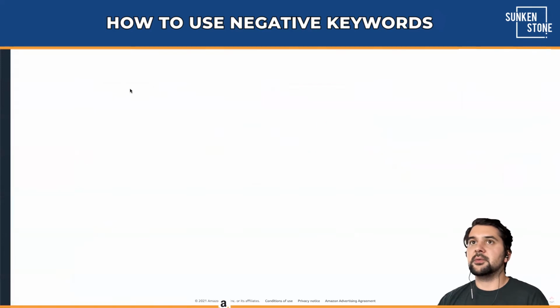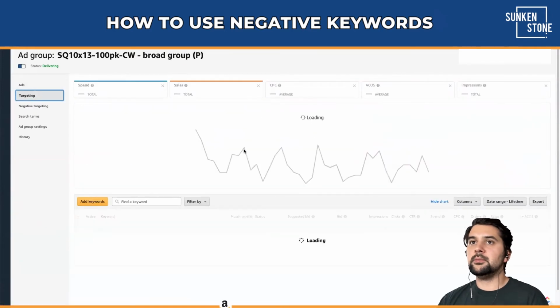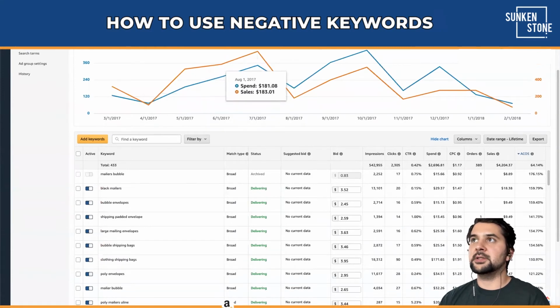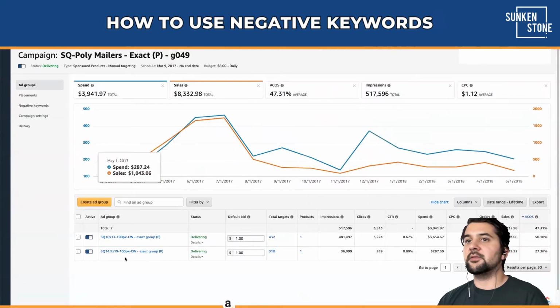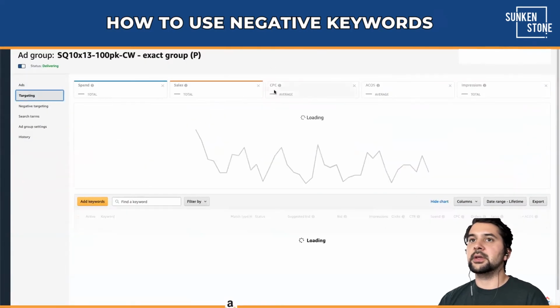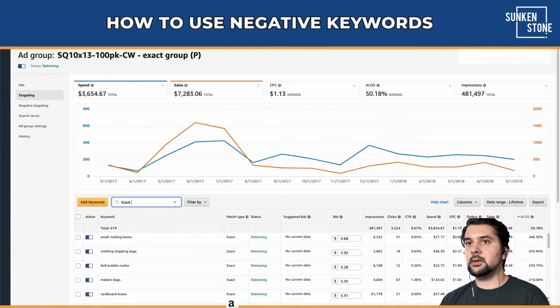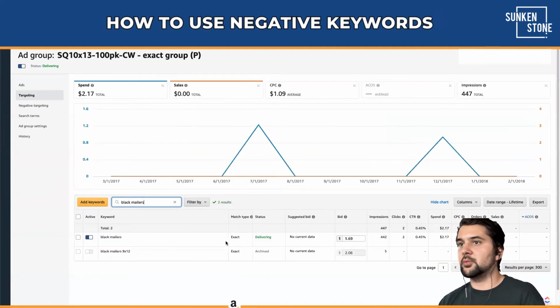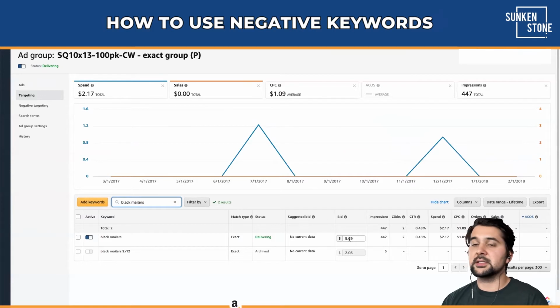I'll see if I can find a better example. So let's say here we have black mailers. If in this exact match group we had the keyword black mailers, do we have that? Yes, so black mailers, $5.69, pretty high bid.